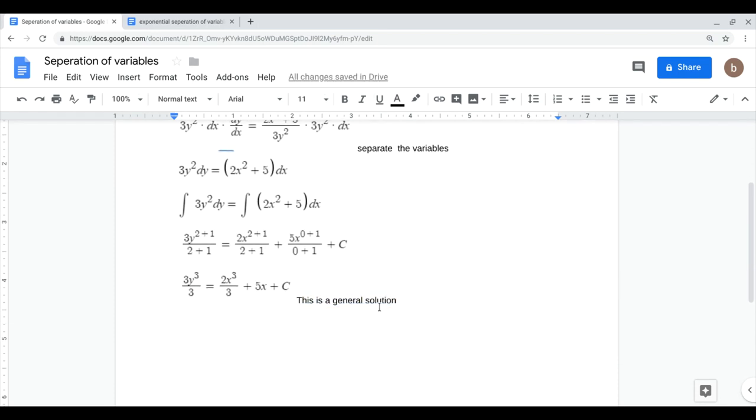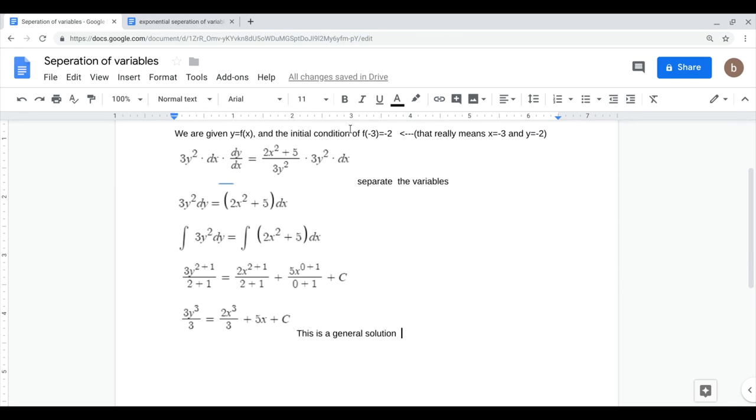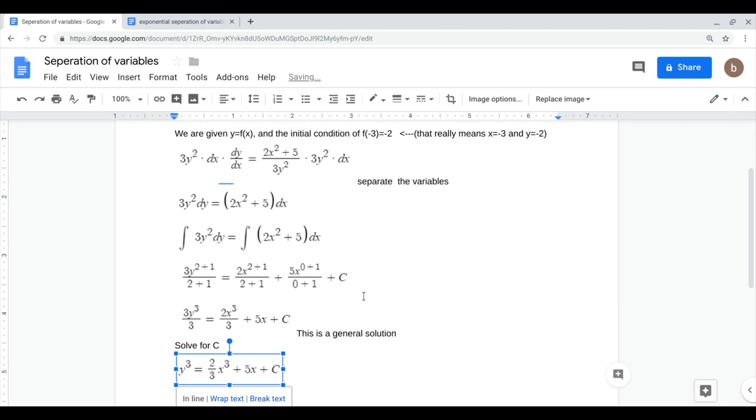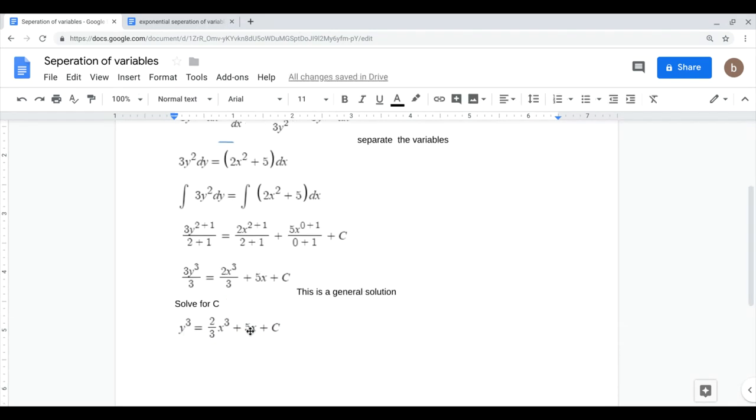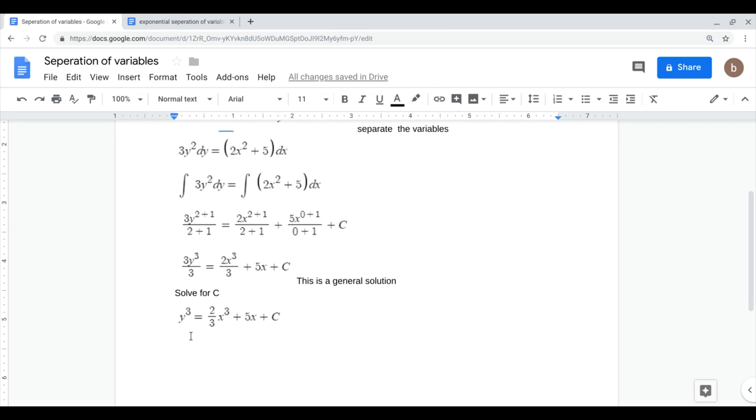So we're given this general solution, and now we will solve for c with our initial condition right here. Y cubed is equal to 2/3 x cubed plus 5x plus c. We're going to plug in negative 2 for y and negative 3 for x.